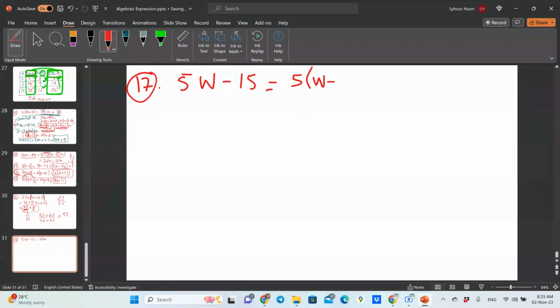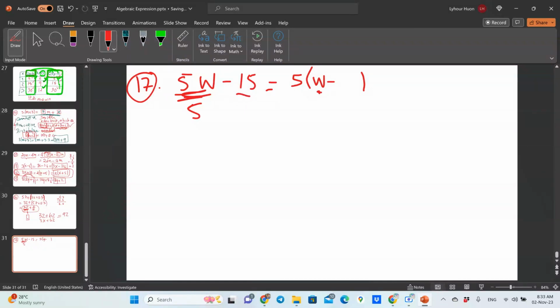Now we open the parentheses, right? We open the parentheses, meaning we take 5 out of them. So we take 5 out of 5W, and we only have W left. The first term, 5W: when we take 5 out, we have W left.